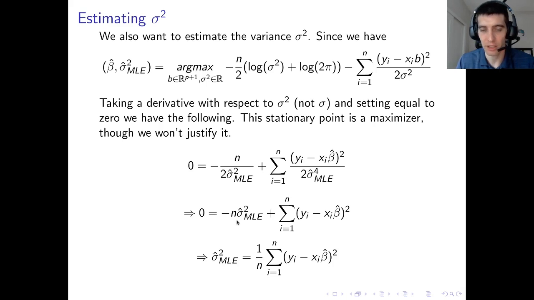And I see here that, dividing by n, my maximum likelihood estimate of the variance of epsilon is equal to 1 over n times the mean squared error for my MLE beta hat. So this again is a mean squared error. It pops out again. So this is our maximum likelihood estimate of our variance. Okay.